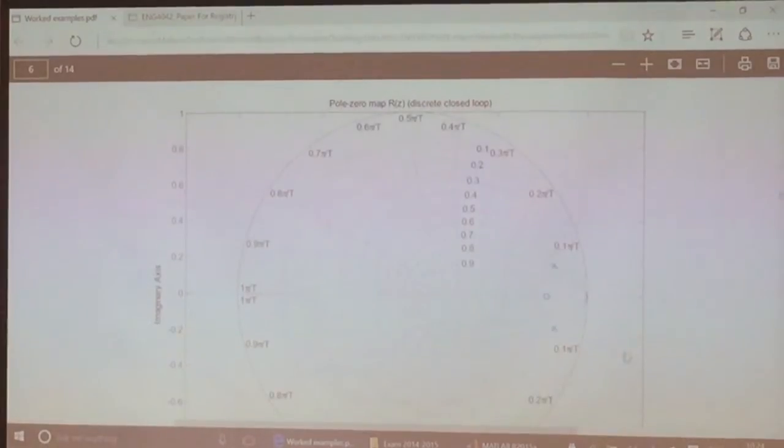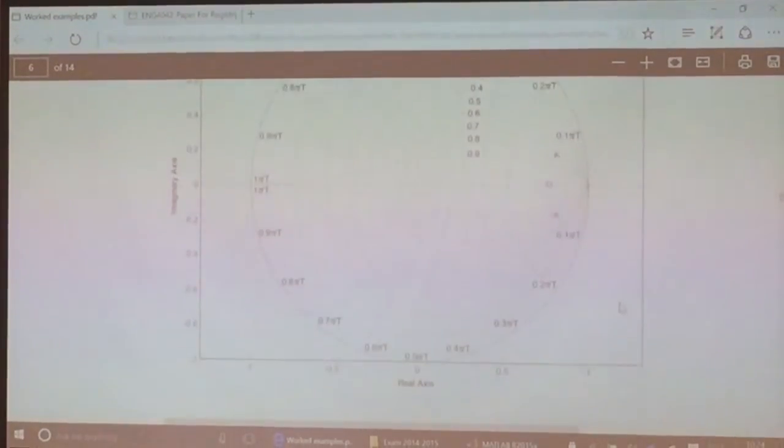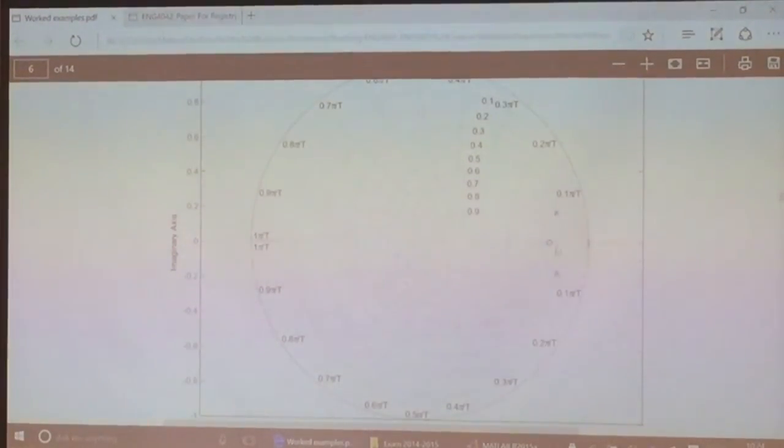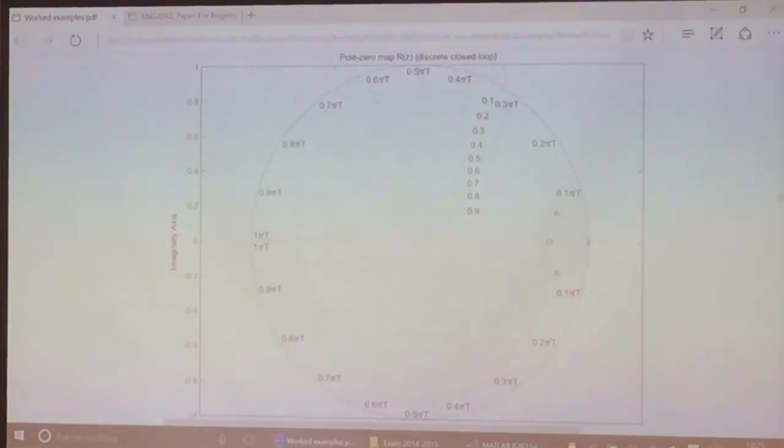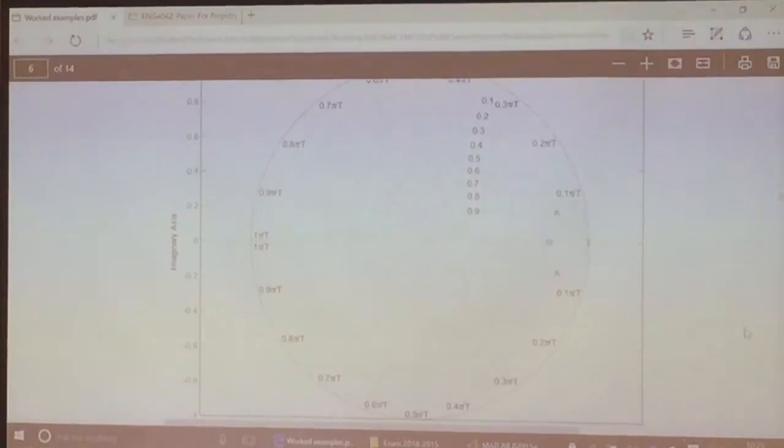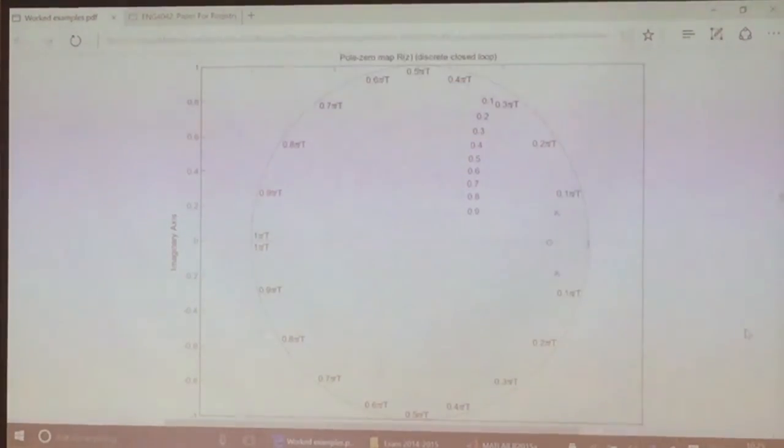If you plot the poles in the complex plane, the poles are here. Now, you may know that in the complex plane you can draw lines, in fact curvy lines, that represent constant natural frequency and constant damping. Have you seen such a plot? Yes?